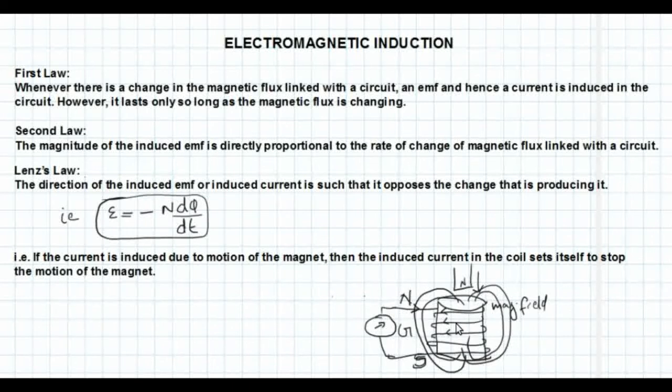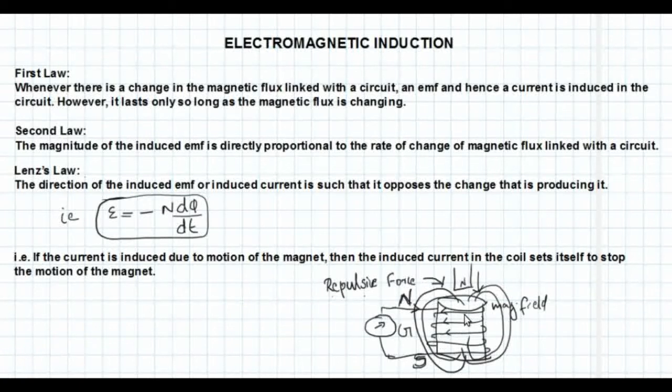That means this coil will have a magnetic field with two magnetic poles, and according to Lenz's law, the top side of this coil should be a north pole. Why is it a north pole? If it is a north pole, then there will be a repulsive force between the coil and the bar magnet. In such a case, we have to push the bar magnet into the coil, right?